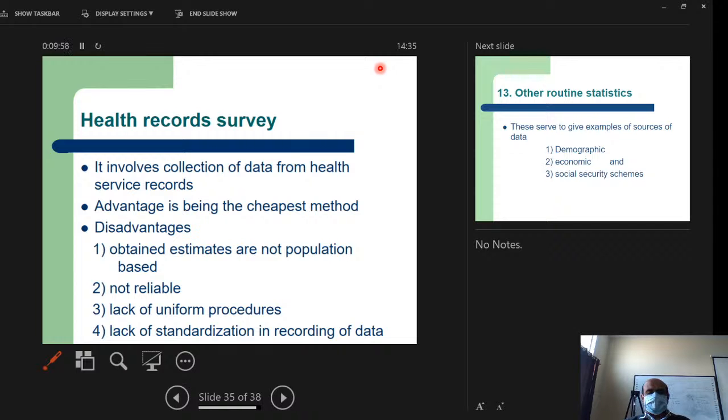So there is a lack of uniformity, and there is a lack of standardization in the recording of the data, right?